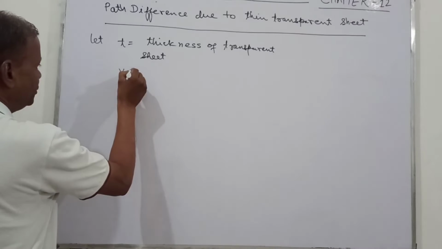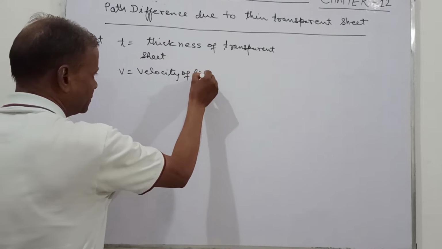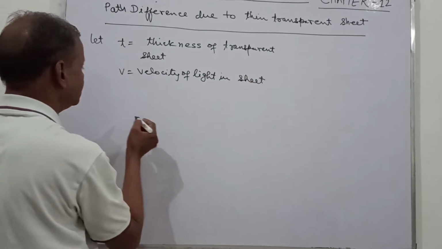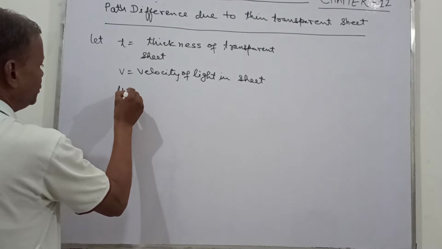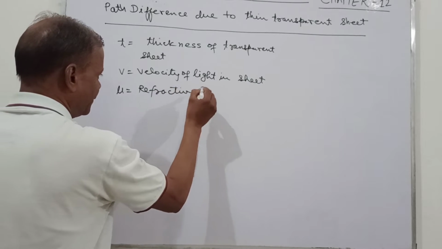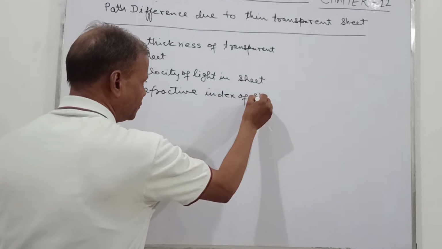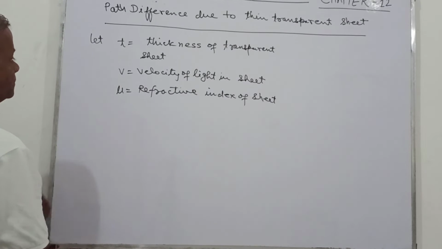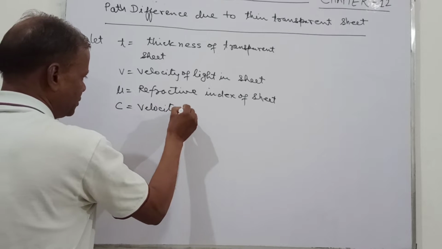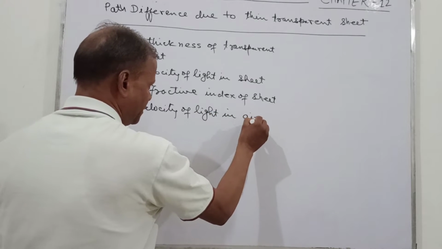And V equal to velocity of light in sheet, mu equal to refractive index of sheet, and C equal to velocity of light in air.